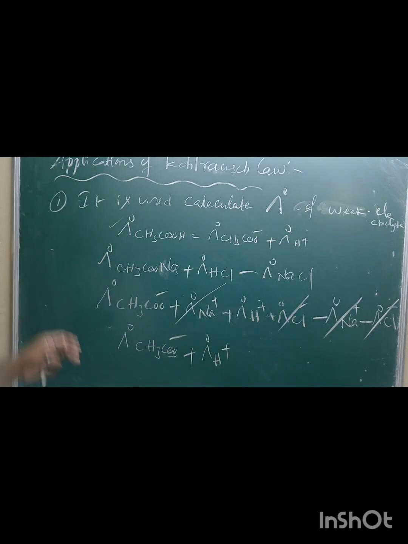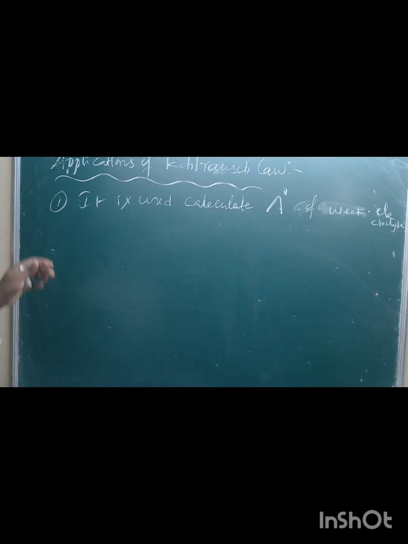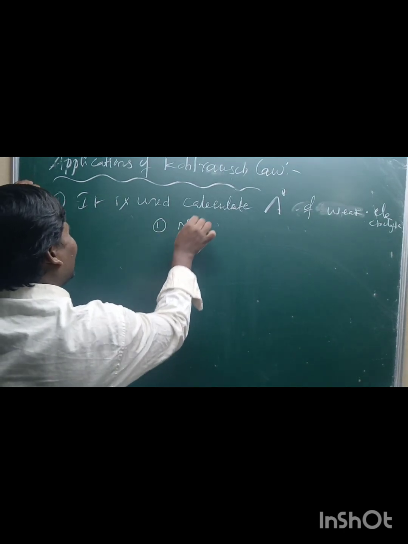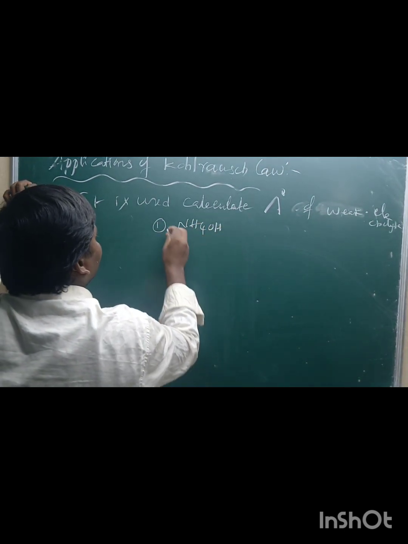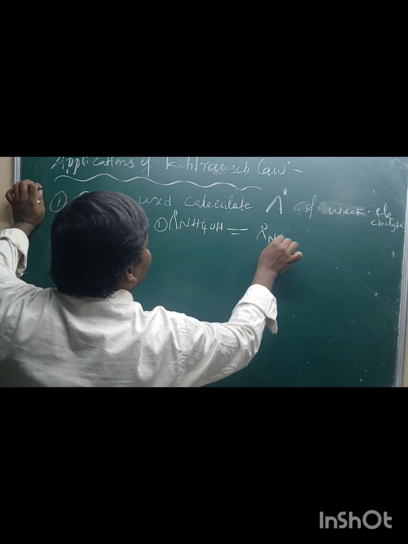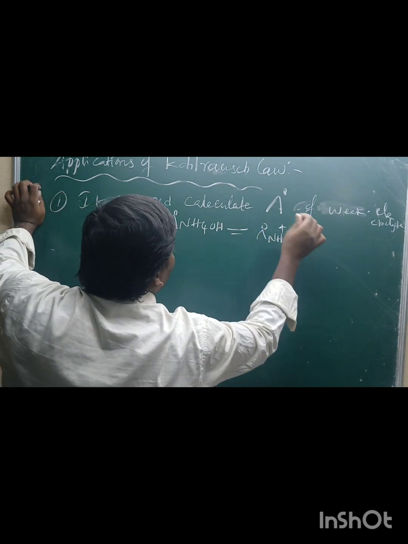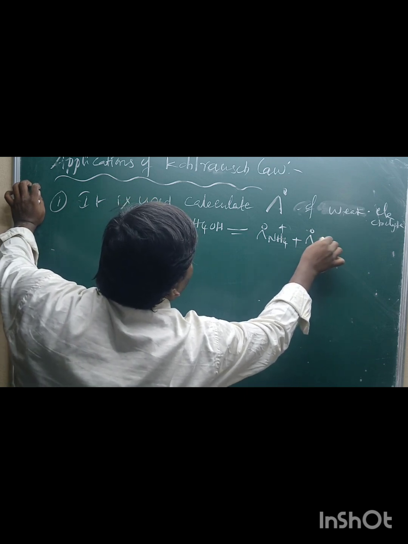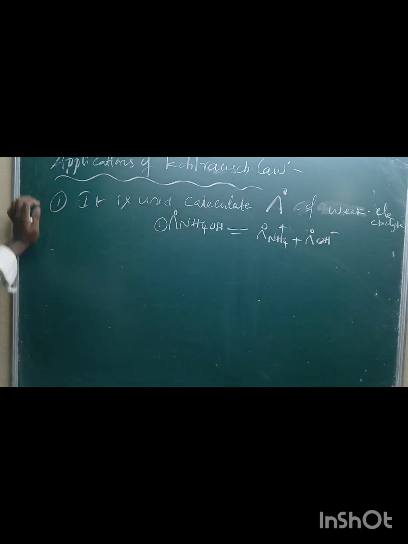Okay, this is one of the applications, to calculate for weak electrolytes. And the second example: if you take ammonium hydroxide also, NH4OH, the equivalent conductance of NH4OH is equal to the conductance of NH4 plus plus the equivalent conductance of OH minus ions.